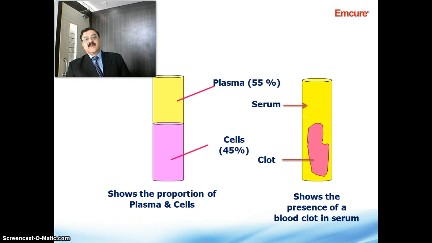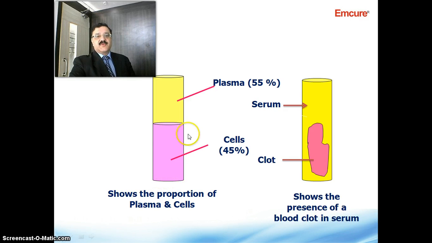Then, what is the difference between plasma and serum? Well, you can see when the blood is left to stand for some time in a test tube, the liquid portion gets separated from the solid portion. The solid, because of gravity, settles down, and the composition is approximately 45%. This 45% is nothing but cells.